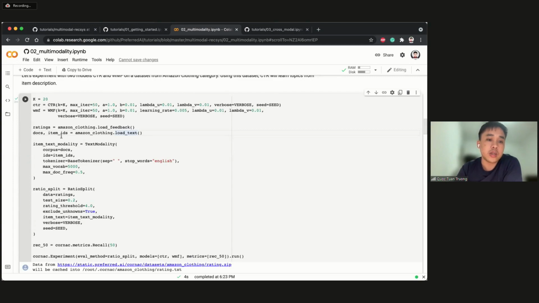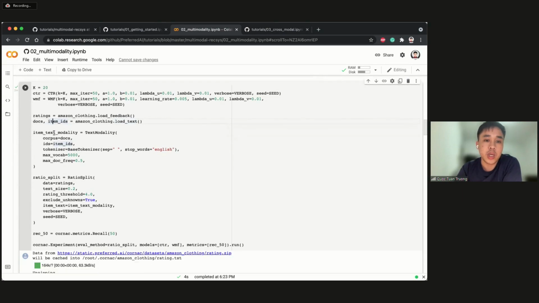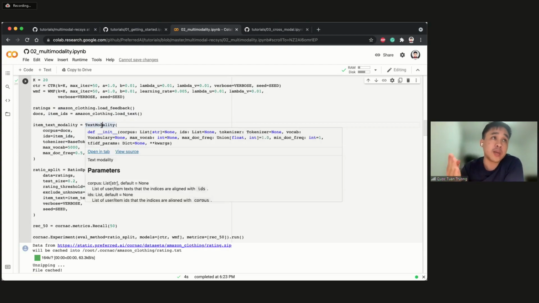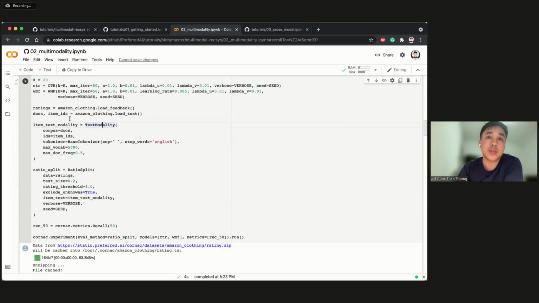Each document corresponds to each of the item IDs. So inside Cornac, we have constructed the text modality to accommodate the text. In this case, the text could be from users or items, right? Here we show the text for the item side, but in some cases, if you have a user profile, for example, that is also text, you can use the text modality to model that as well.